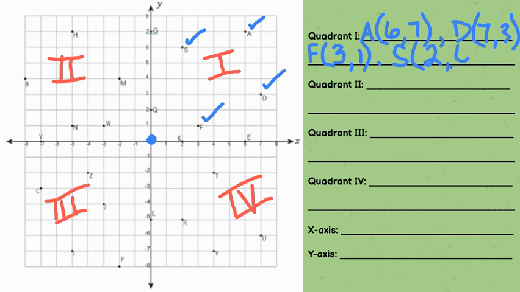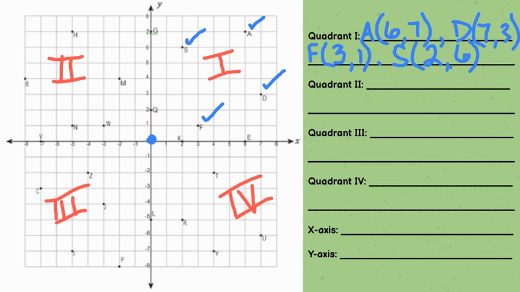So the ordered pair would be (2, 6). All right. Do you see any other ordered pairs in quadrant 1? The G and the Q, they're on the y-axis. And K and E, they're on the x-axis. So we're going to save those for later.